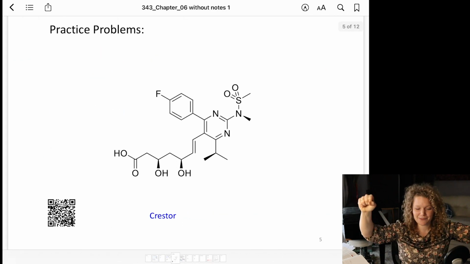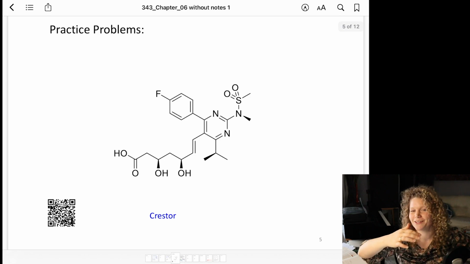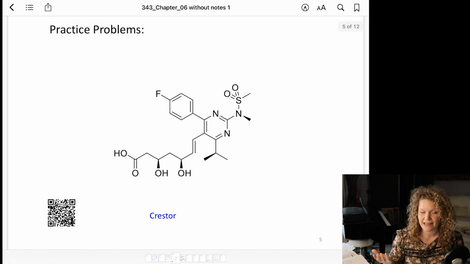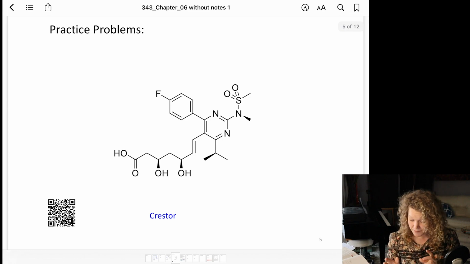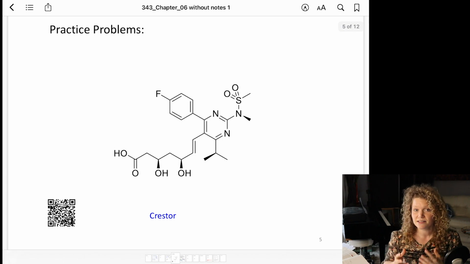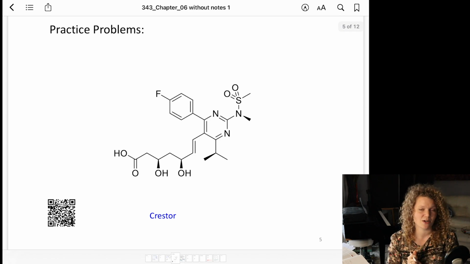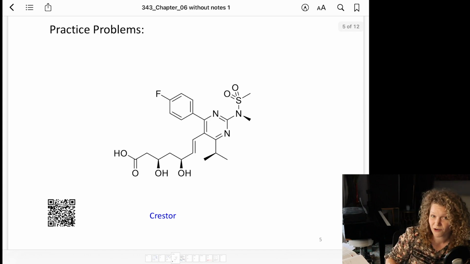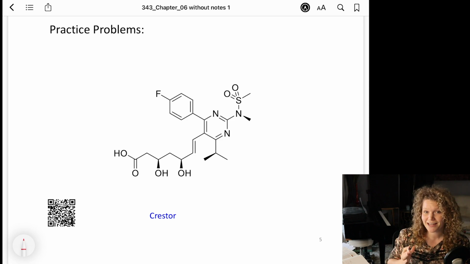Let's do one more example together, and why don't we throw in a more complicated structure, all right? This is Crestor. This is a cholesterol drug. As you look at this, immediately you're like, this is so complicated, and what does she want me to do with that? I just want you to determine R/S for any chiral centers that you can find. So are there any chiral centers? Well, are there any carbons with 4 things bound to them?